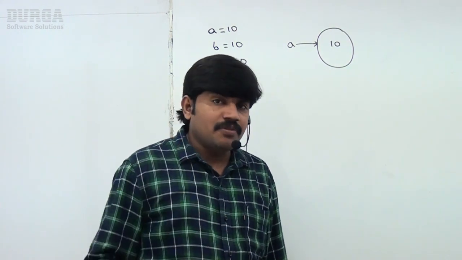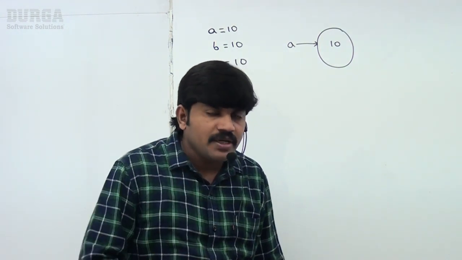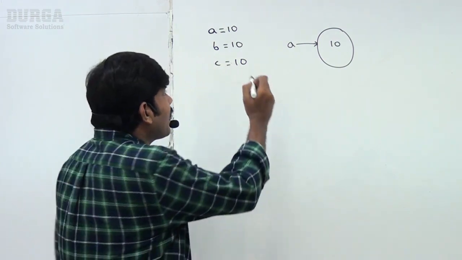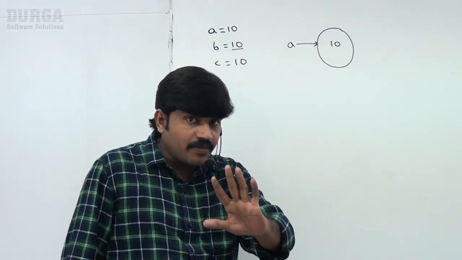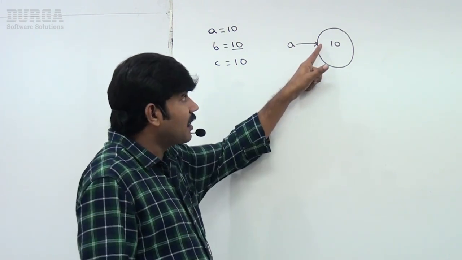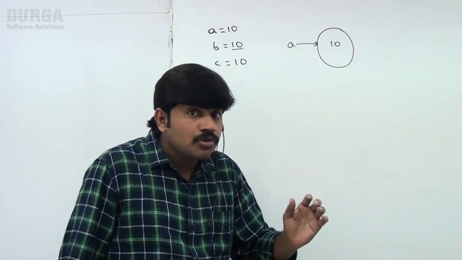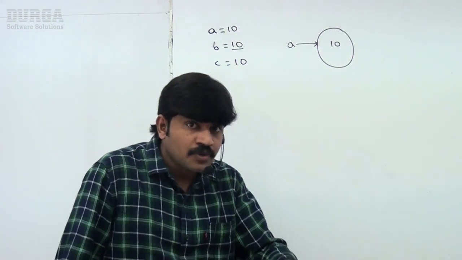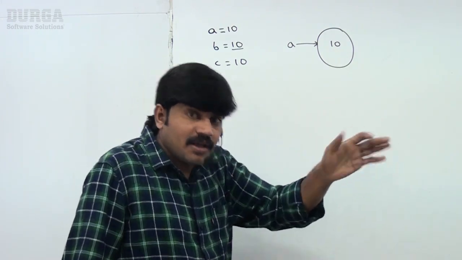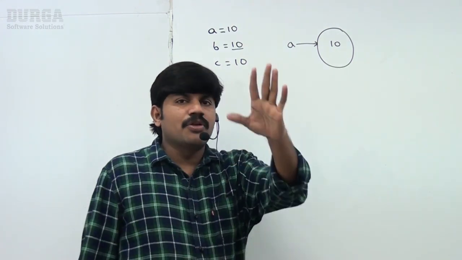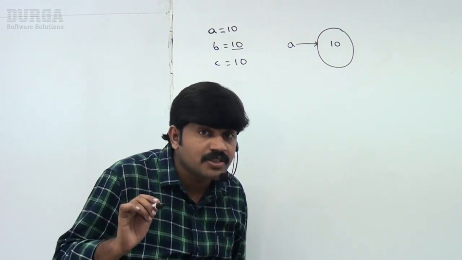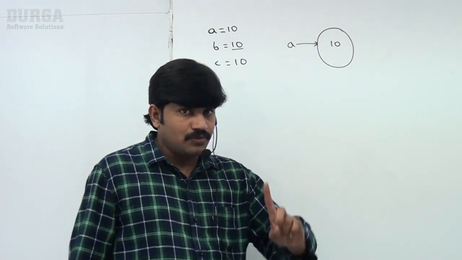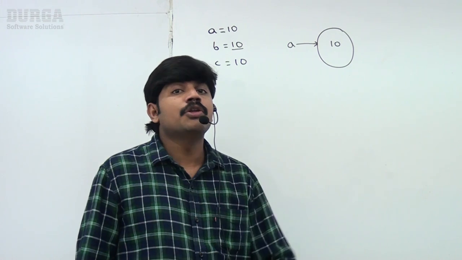First, the PVM checks whether an object is already available for the required content, 10. If an object is already available, it always uses the existing object only, instead of creating a new object.